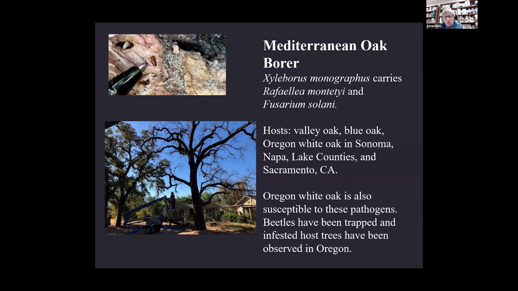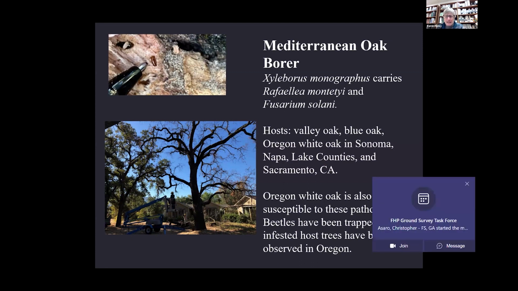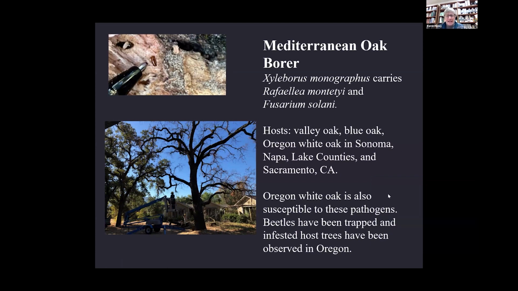And the hosts that have been observed in the United States are valley oak and blue oak, and a few Oregon white oak. In California, in Sonoma, Napa, and Lake counties. There's also been a little infestation in Sacramento. Probably someone brought firewood into the city.